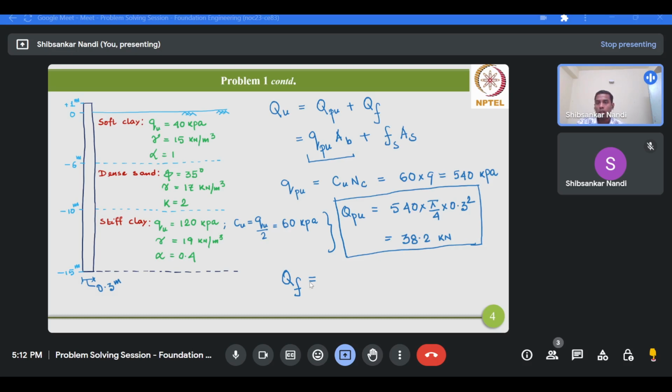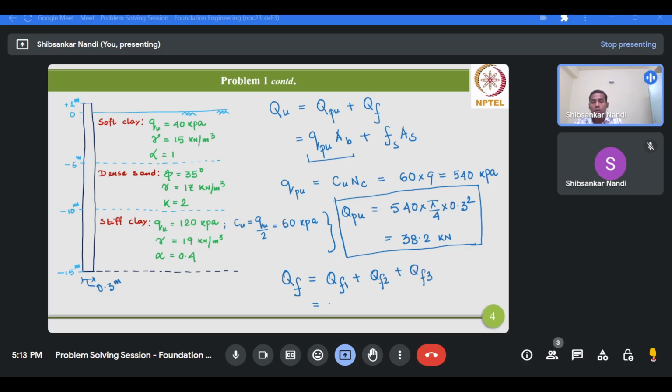So the contribution to the skin friction resistance from these three layers will be different. So you have to calculate the contribution from each of these layers individually, then add these three components to get the final skin friction resistance. Okay, so this QF will have three components: QF1, QF2, QF3.